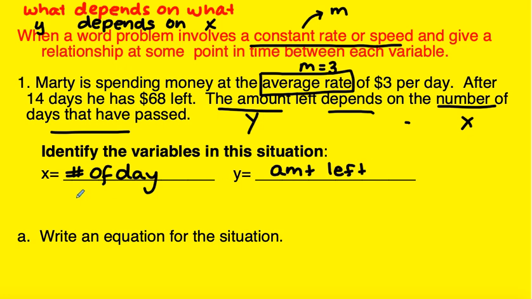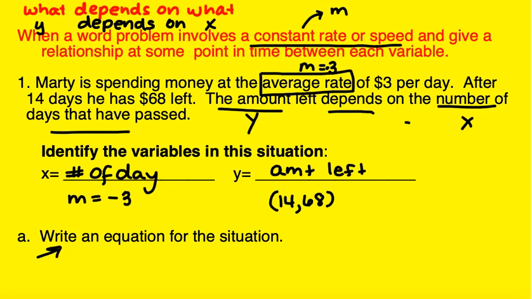Okay, well, I was given my slope, and it asks me to write an equation, and that other information is not a starting amount. So I actually have to turn that into a point. And since I know, so my slope is actually -3 because he's spending money, not +3. So let me fix that. But we know that days is x and amount left is y. So that 14 and 68 actually represents the point, (14, 68).